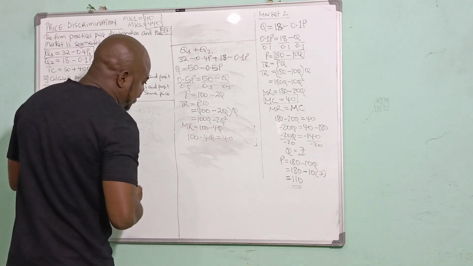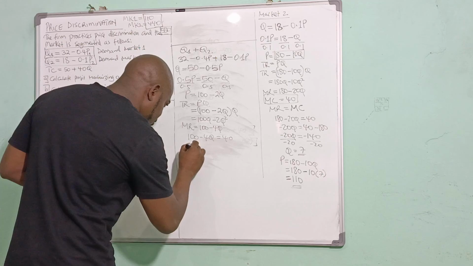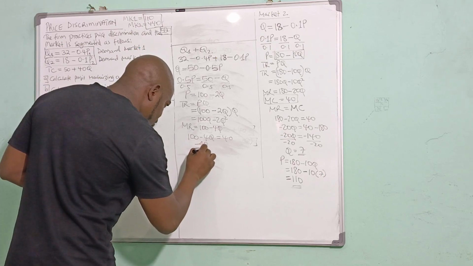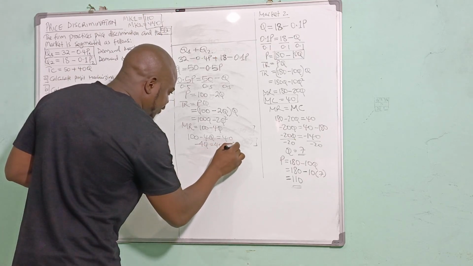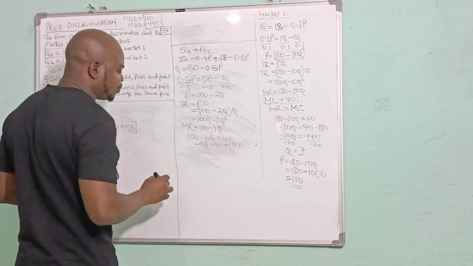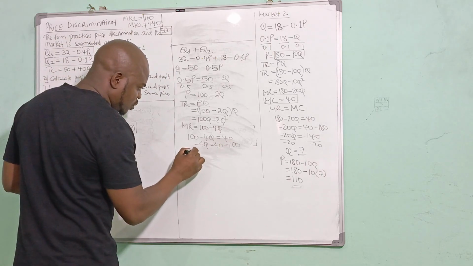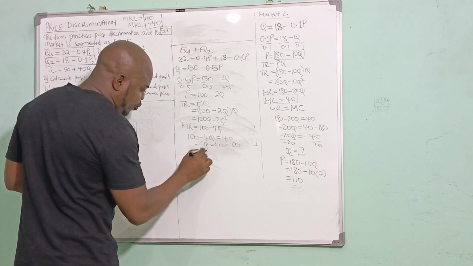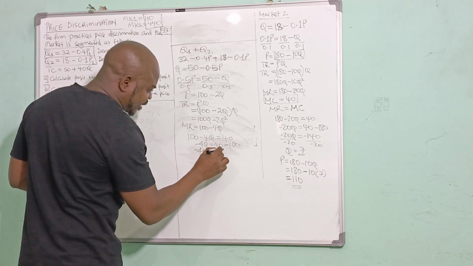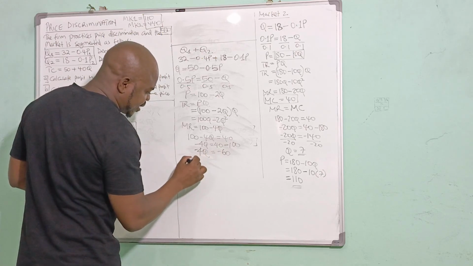The 100 goes that side, negative 100. Negative 4Q is equal to negative 60.